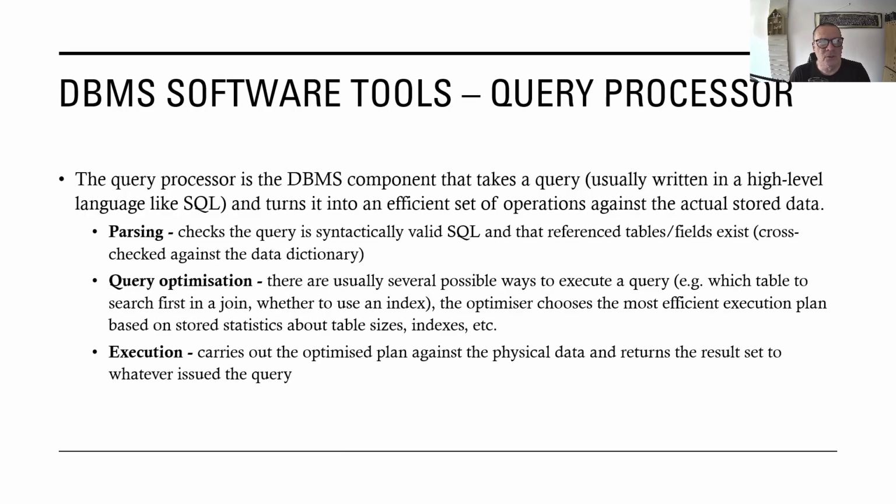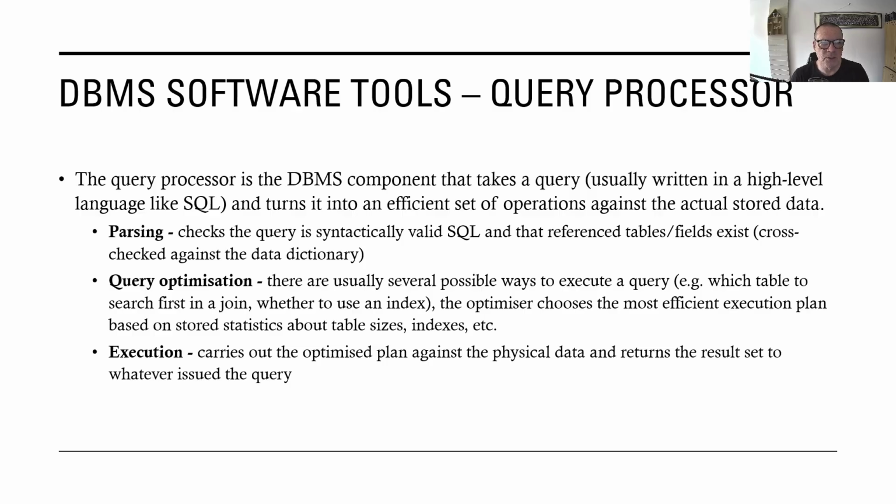So the next tool we have within the DBMS is called the query processor. And this component takes a query, usually written in a high-level language like SQL, and turns it into an efficient set of operations that work against the actual physically stored data. It has a number of stages. So first of all, parsing, which is checking the query that we've written is syntactically valid and references tables or fields that actually exist.